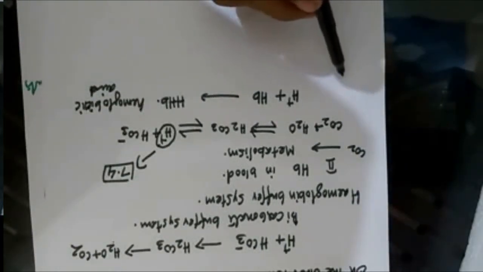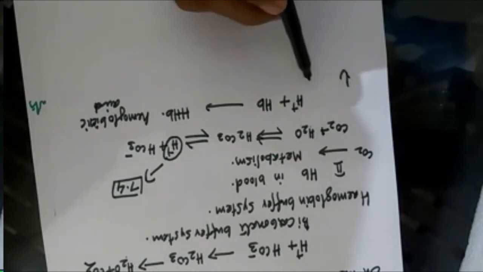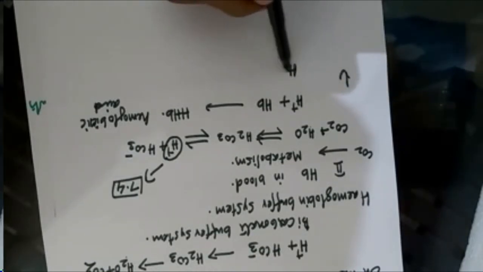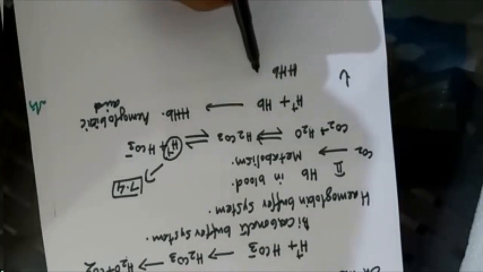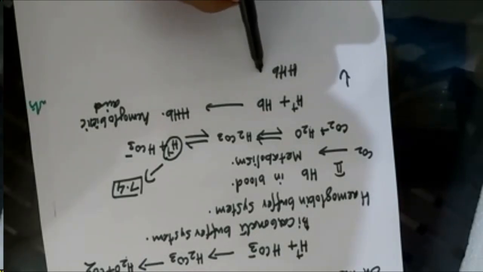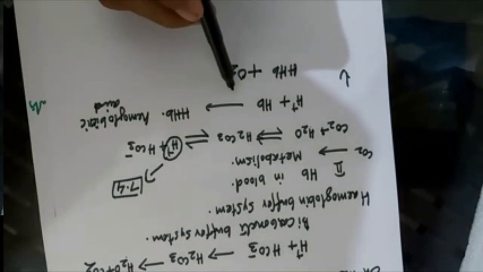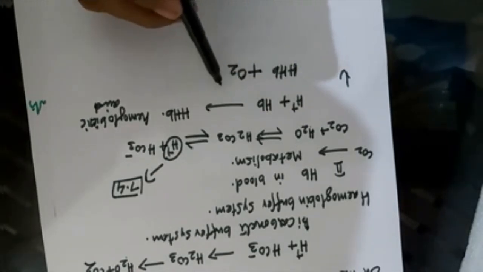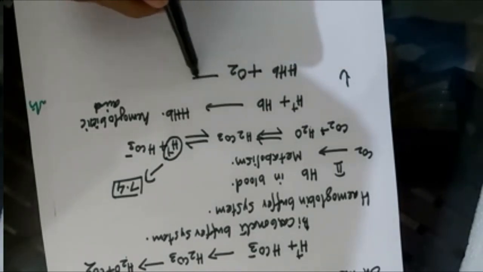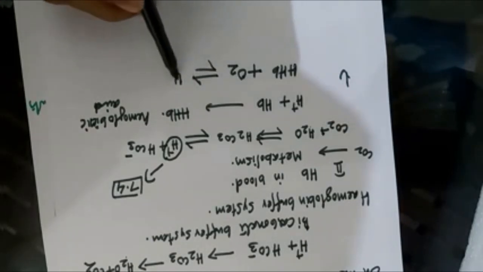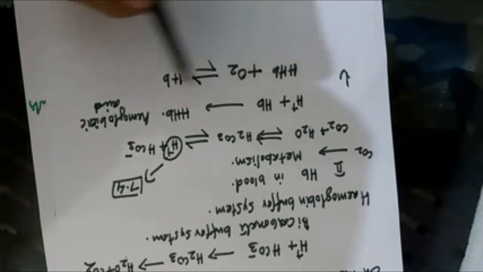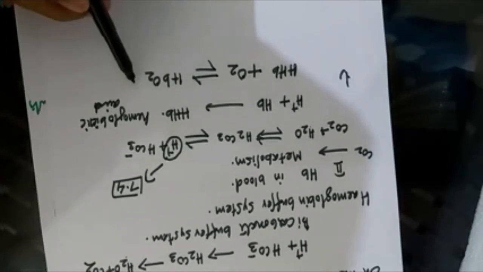So now when it reaches the lungs, what happens to the hemoglobinic acid under high oxygen tension? There is plenty of oxygen. Under those conditions, it dissociates and combines with the oxygen to form what?